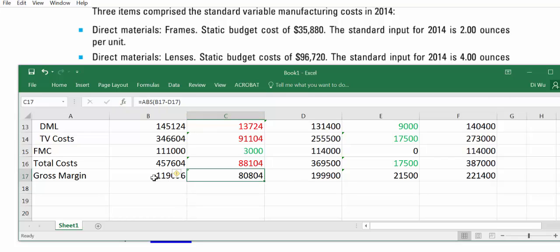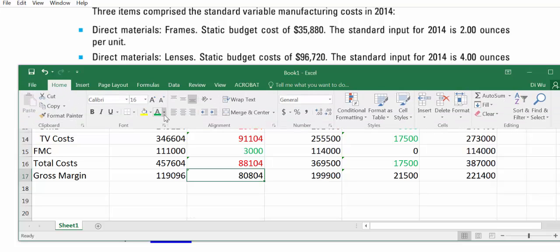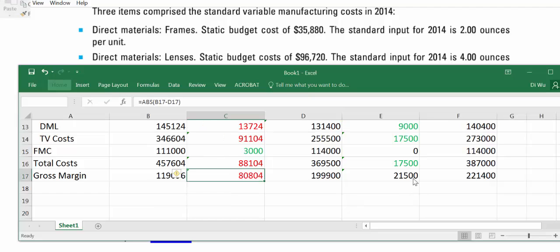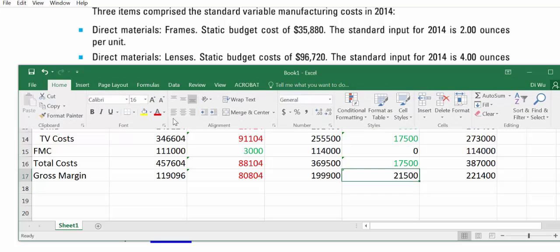Because the actual gross margin is much less than the flexible budget gross margin, we consider this unfavorable, because you lose money and receive less income. And this flexible budget is a lot less than the static budget gross margin, so we have to make this also unfavorable, red.